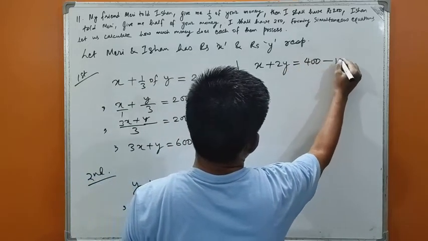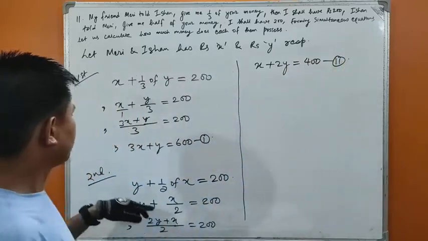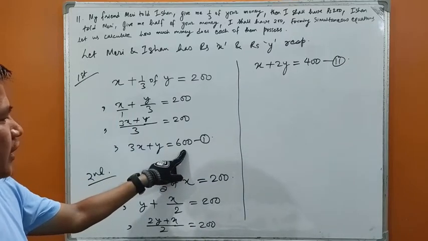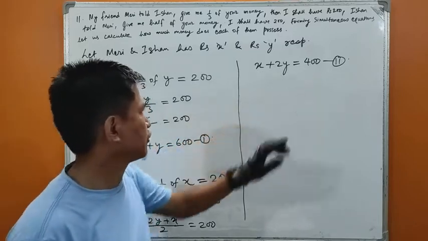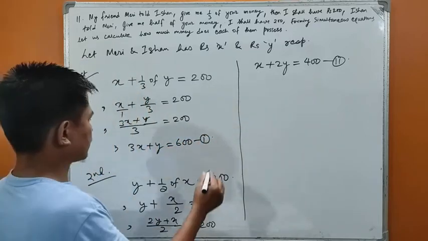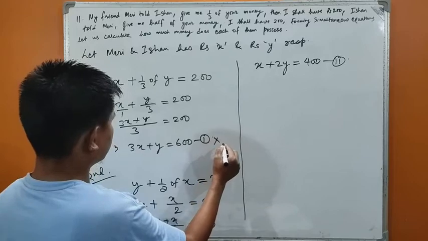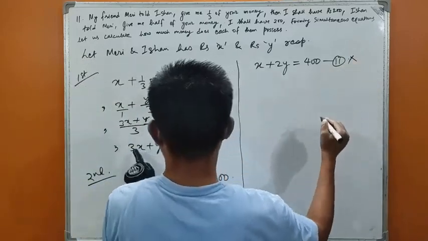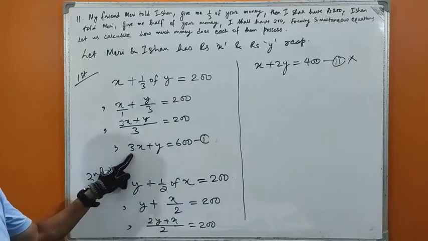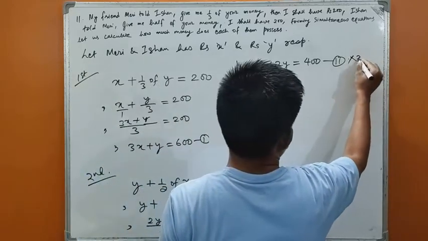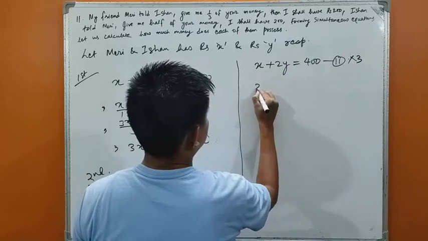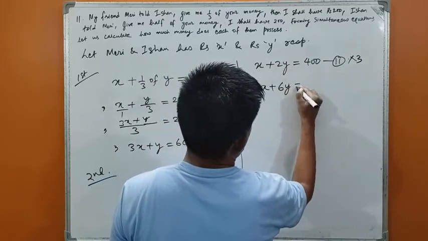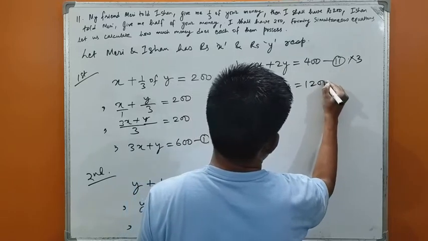This is equation 2. Now we have 3x plus y, isn't it, equals 600, and x plus 2y equals 400. So let us eliminate x. Let us multiply equation 2 with 3 to make the coefficient equal. 3 into x is 3x plus 3 times 2y is 6y equals 3 times 400, that is 1200.